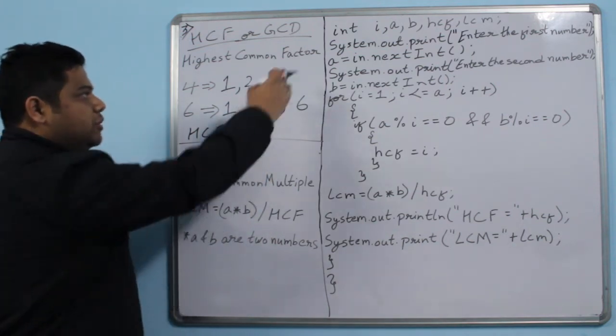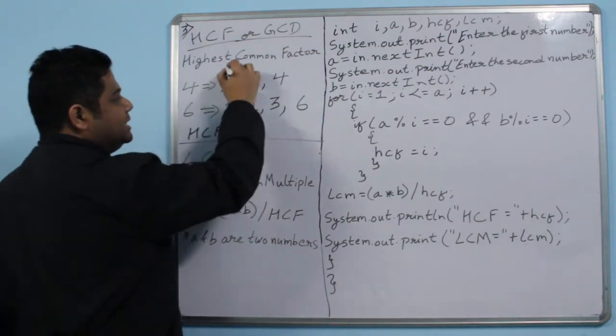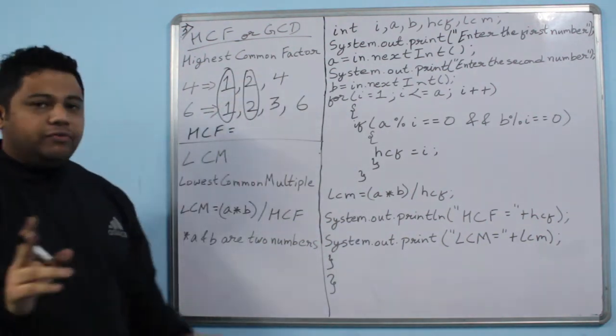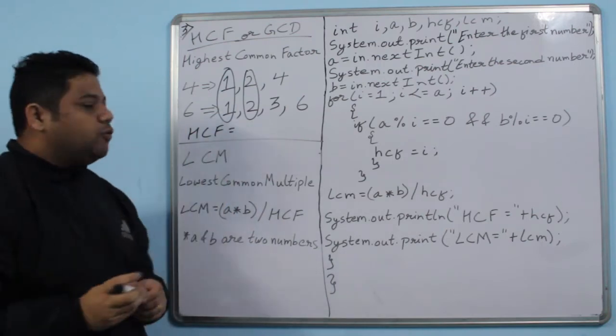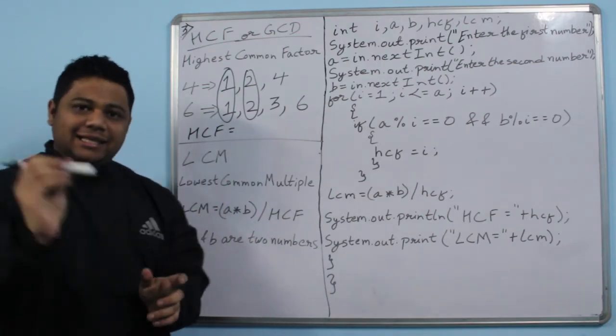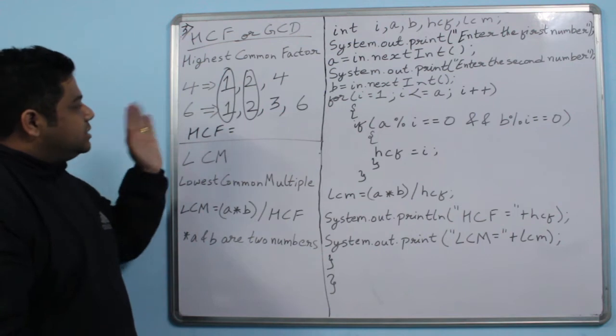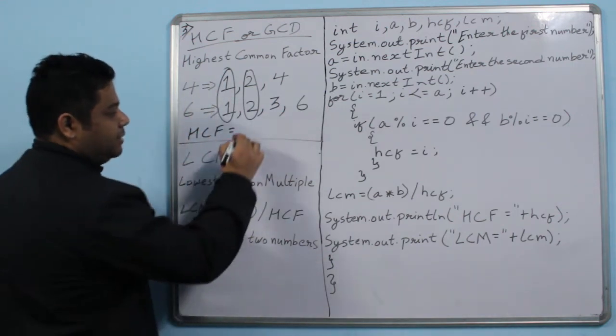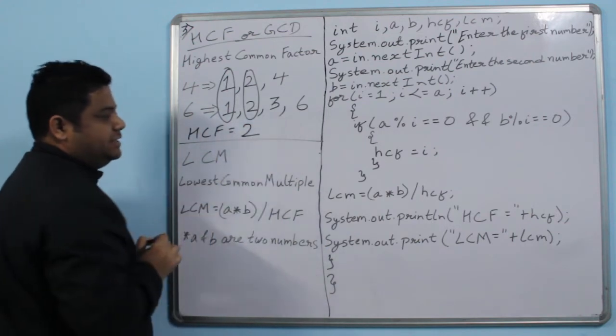Now we move on to the second word, common. We can see we have 1 and 2 common. So there are two factors, 1 and 2, which are common to both 4 as well as 6. Then the third thing, highest. Out of the two numbers 1 and 2, 2 is the maximum. So the highest number, HCF, is 2.